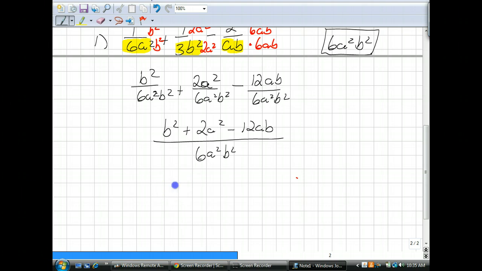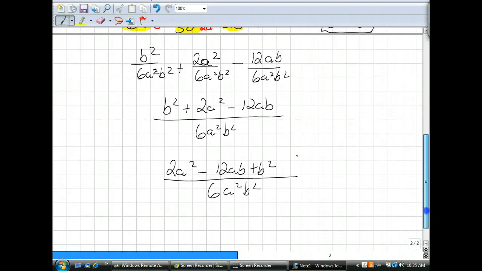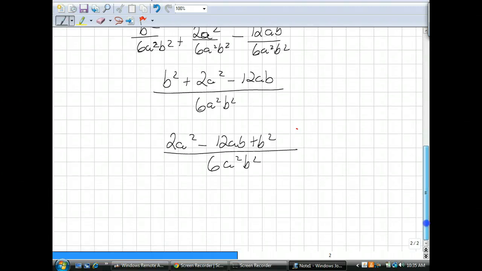The proper order would be (2a squared minus 12ab plus b squared) all over 6a squared b squared. And normally we would reduce, but we can see that there are no common factors there, so we can't reduce. Right?